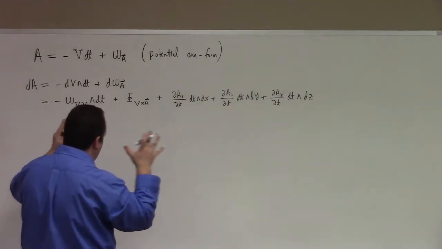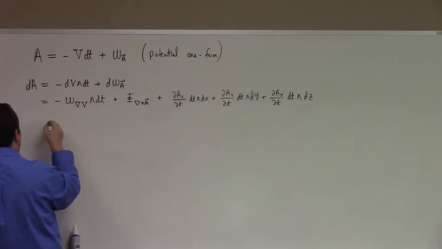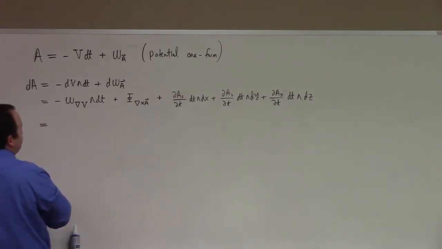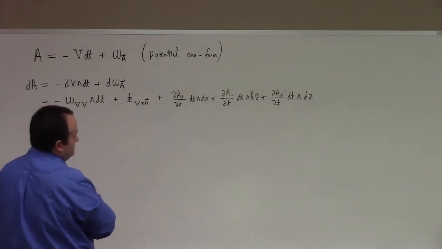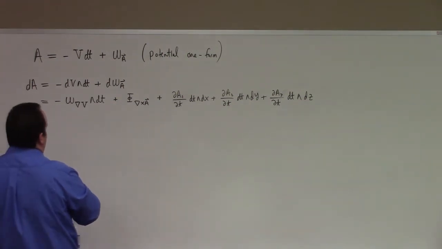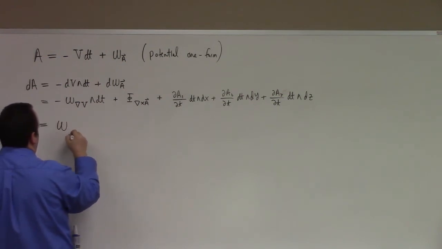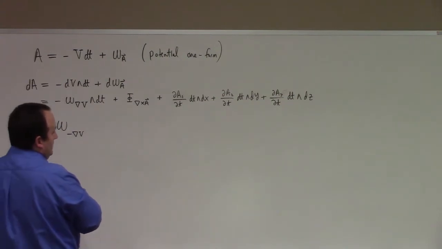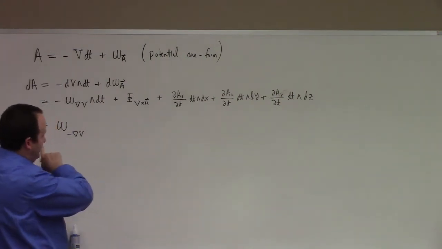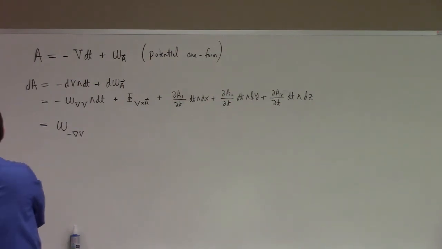Let's see here. So if we put all our stuff together, what do we get? We've got an omega of minus the gradient of V, right? And if I put my t, oh man, see, I'm off by a sign.